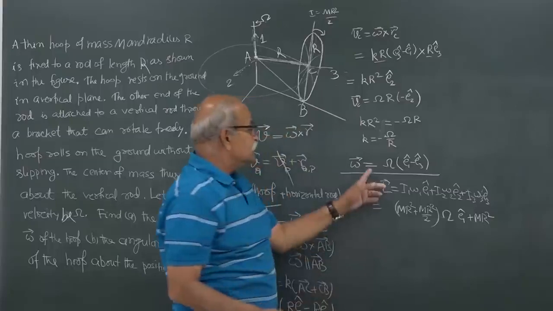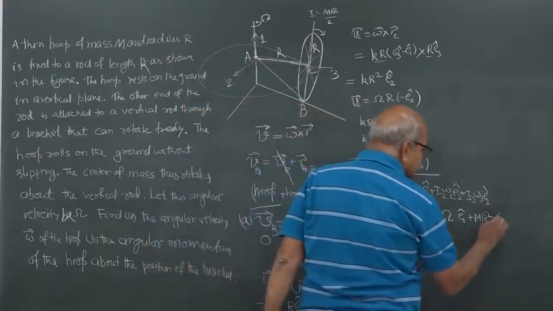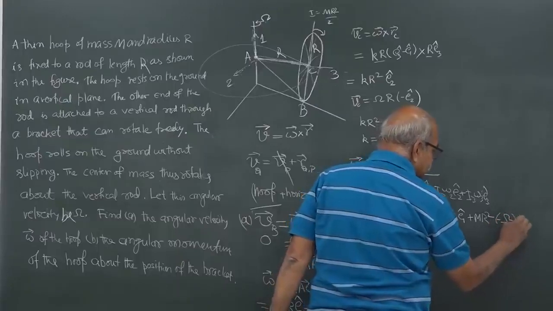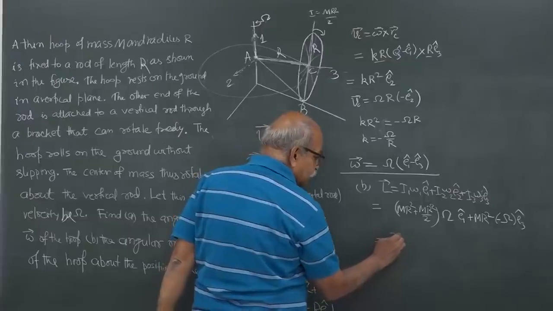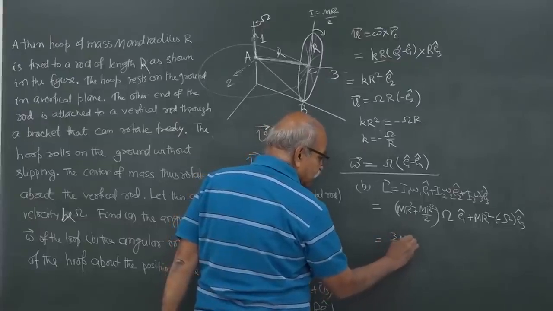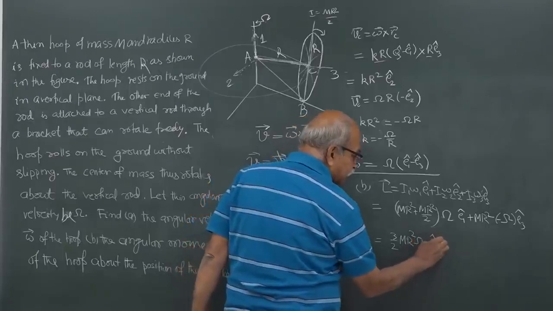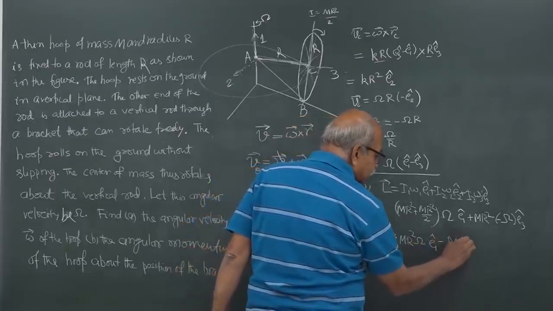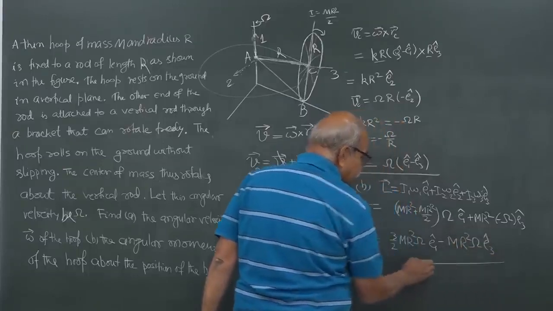Omega 3, what is omega 3? Omega 3 is minus capital omega. So, minus capital omega and E3 cap, that is it. 3 by 2 m r square omega E1 cap minus m r square omega E3 cap. So, that is the angular momentum.